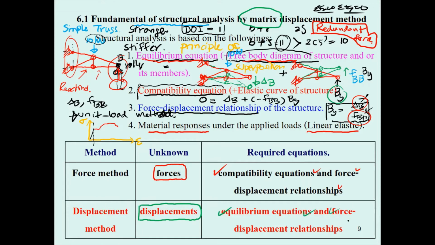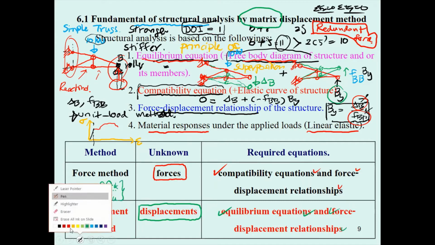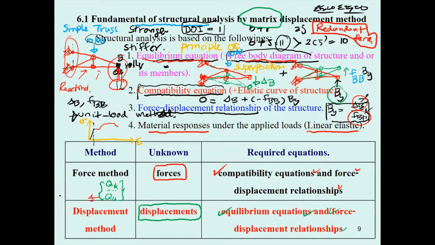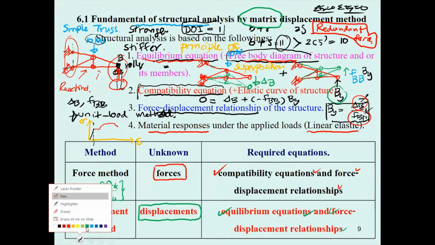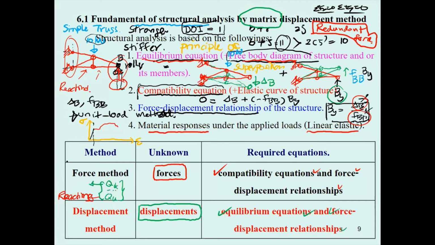I will tell you later the force relationship to set up, and the force will separate into the known force and the unknown force. The unknown force is going to be the reaction, and the known force is going to be the given load.